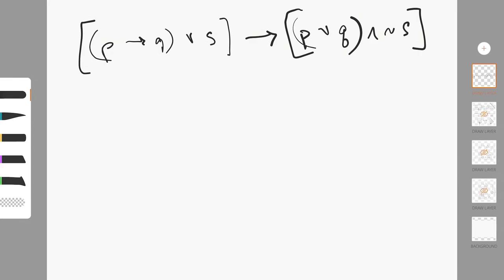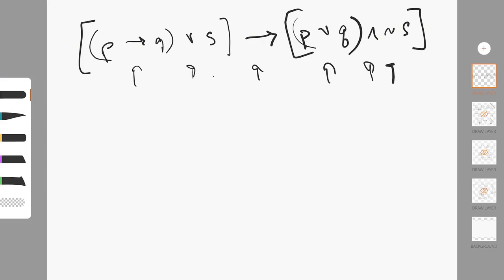Well, you have several to choose from. You have a material implication here, you have or here, you have material implication here, another or, an and, and a negation sign. So what we want to do is look at the scope, in other words, the jurisdiction. We want to look at the scope for each one of these different operators and ask which is the operator of largest scope.